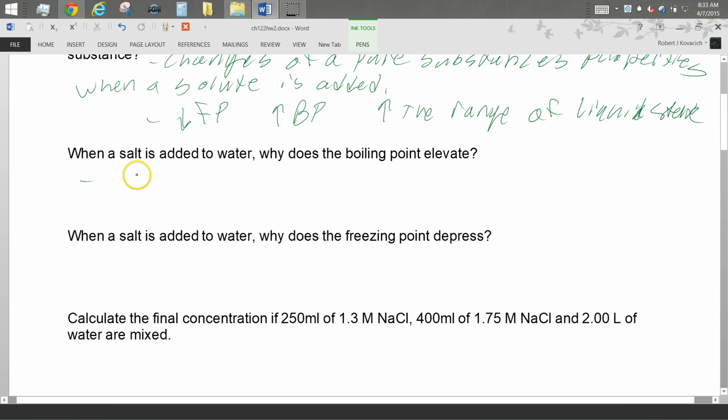So when you're boiling something, why is it boiling? Added energy. The substance has enough kinetic energy to do what? It's got to do something to change from a liquid to a gas.